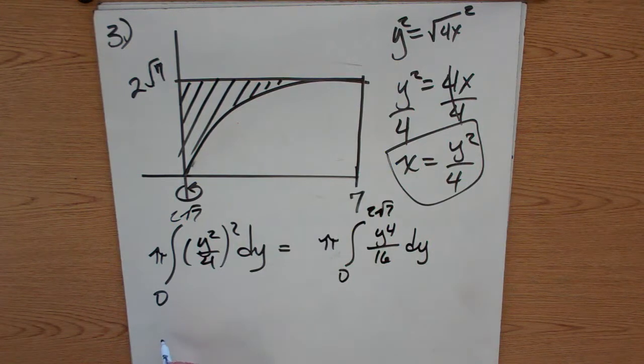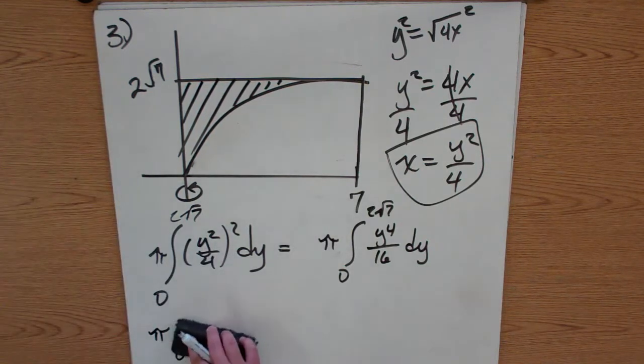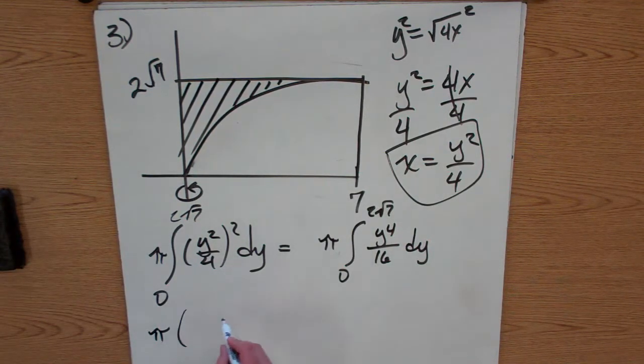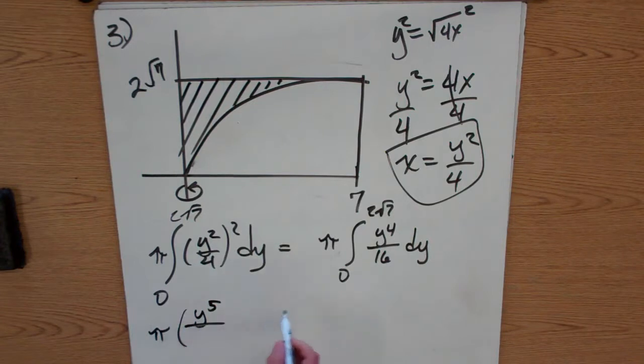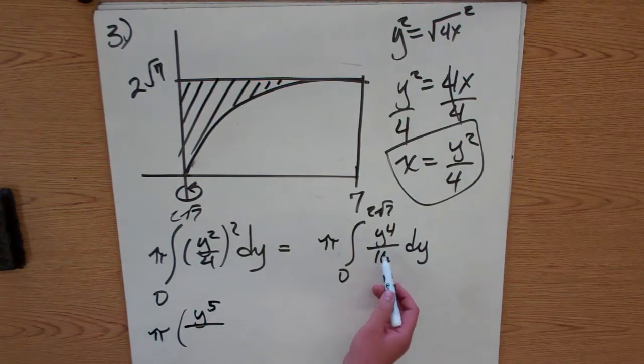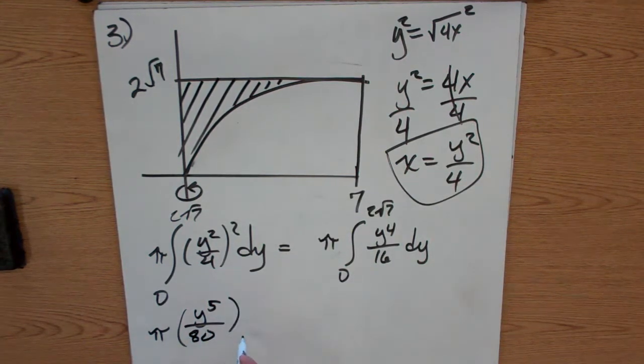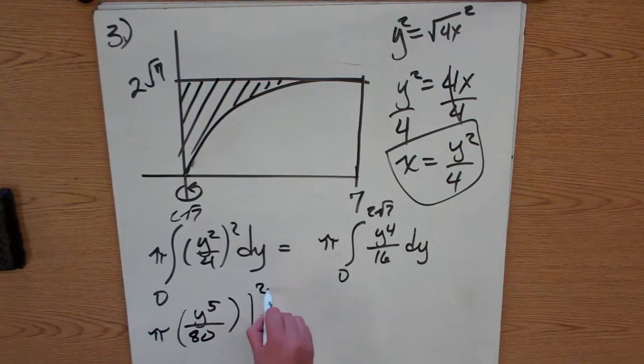Now take your antiderivative, and you get pi from 0 to 2 square root of 7. So you're going to get y to the 5th over, now since this is over 16, we're going to multiply by 1/5, the 16 times 5 is 80. And we're evaluating from 0 to 2 times the square root of 7.